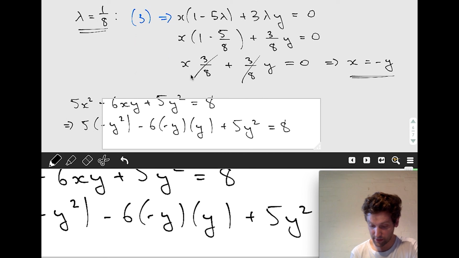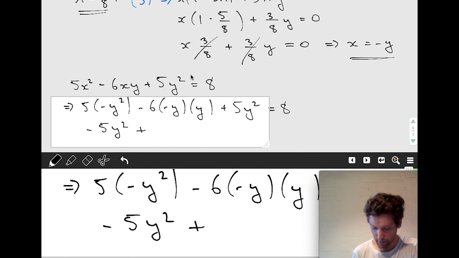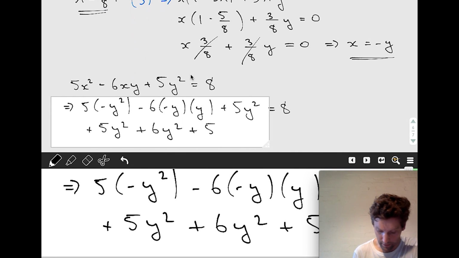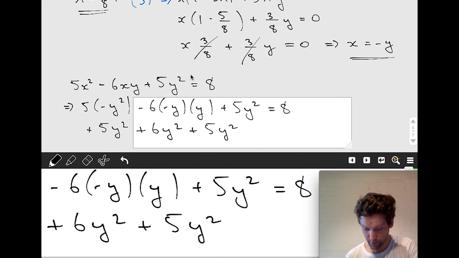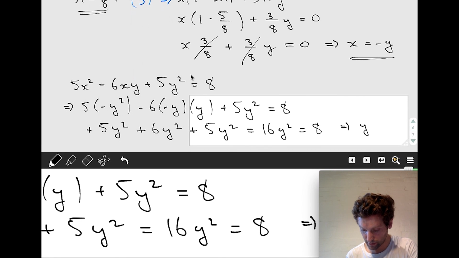And you notice that this is a single expression for y. So we end up with 5y squared plus 6y squared plus 5y squared, which is 16y squared, is equal to 8, which implies that y squared is equal to 1/2.